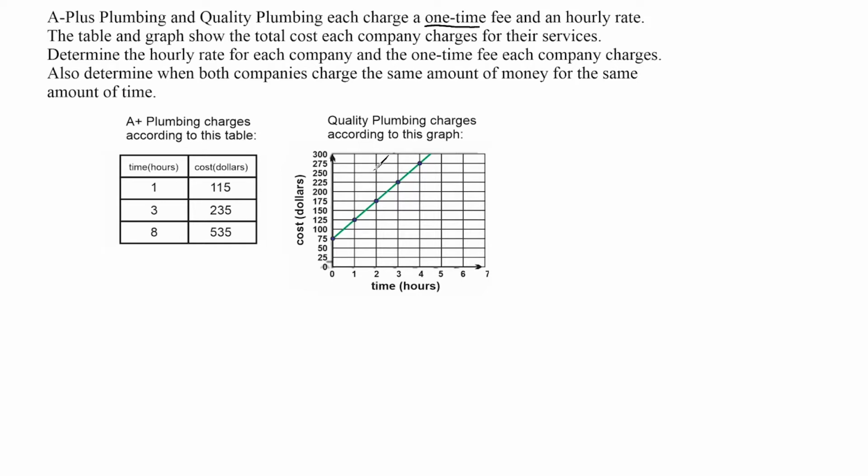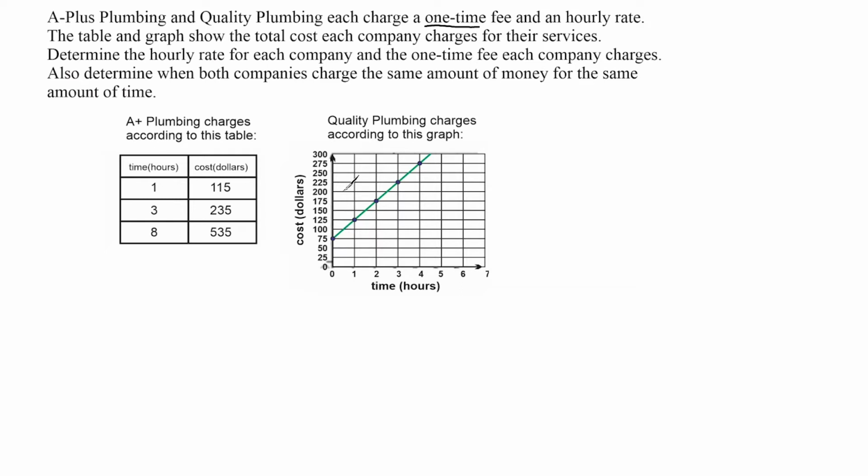It's like the company is saying, all right, before we even start to go over to your house and fix your plumbing, we need an upfront payment, a one-time payment. So at 0 hours of service, we still need $75 just to start. So we already know that for Quality Plumbing, their one-time fee is $75.